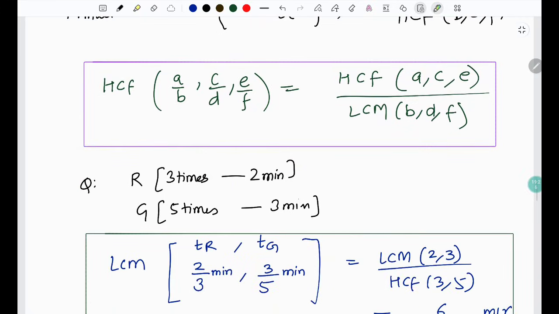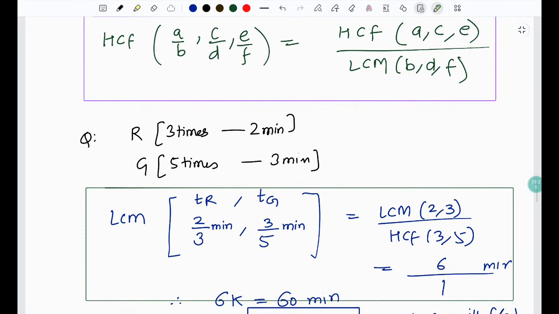Okay. So for the previous question, we can write the time of the red signal and the time of the green signal, that is, in how much time they flash one time. For red it will be 2 by 3 minutes, for green it will be 3 by 5 minutes, one time flash.